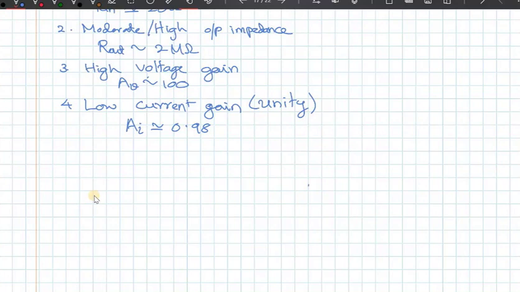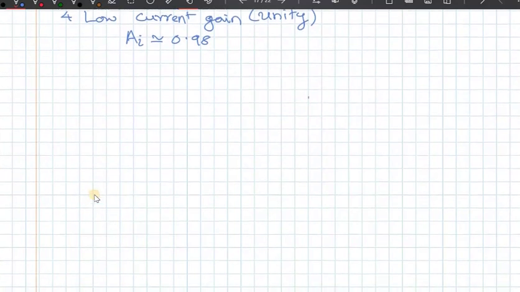This has unity current gain, so we call this a current buffer, which keeps the current constant while amplifying the voltage. Voltage gain is high, current gain is almost 1, so you still have a power gain: AV times AI is much bigger than 1.